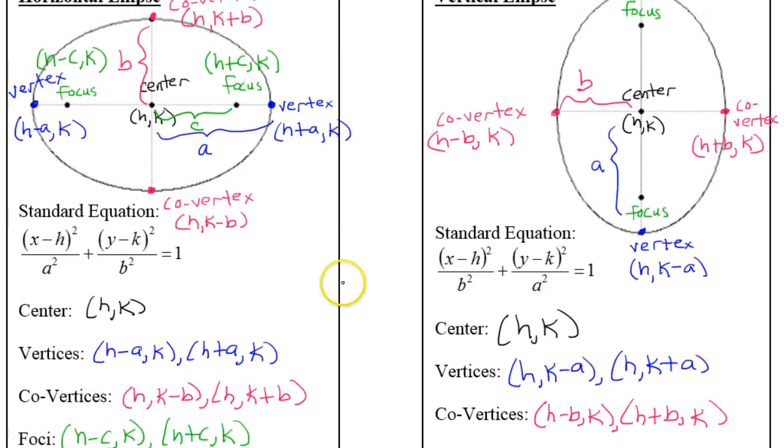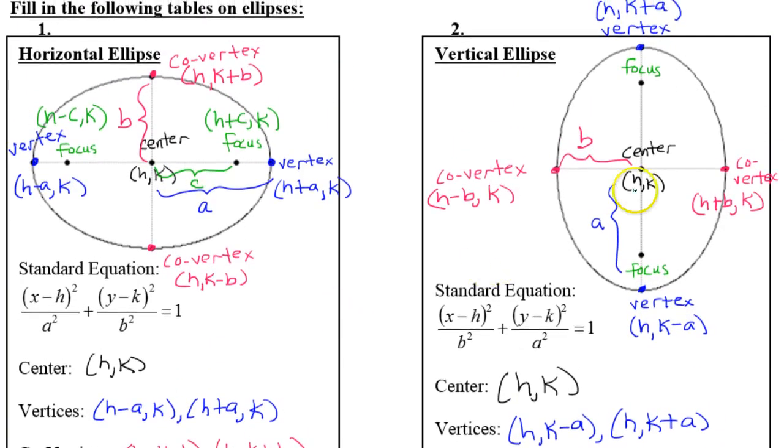Similarly, if we look at the vertical ellipse, and again keeping in mind that this distance right here is c, see how these are lined up vertically? All of these 5 points will have the same x value, which will simply be h. So I don't need to worry about the x value because they all have the same x value as the center because of the way they're lined up.